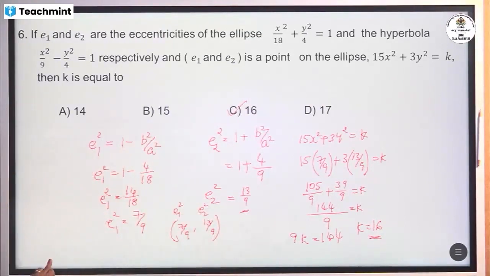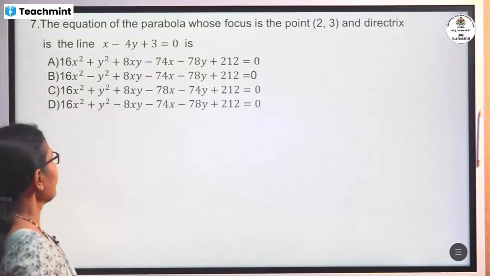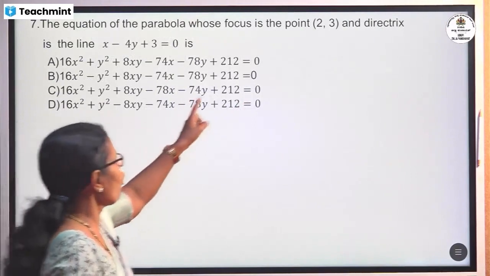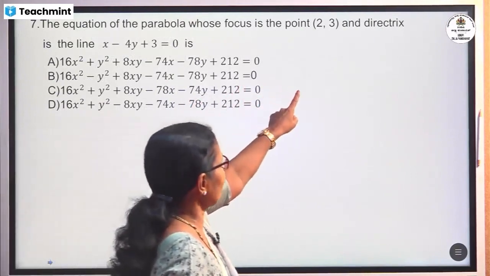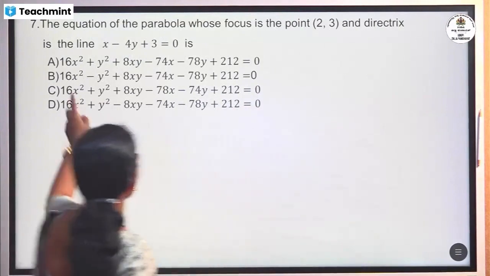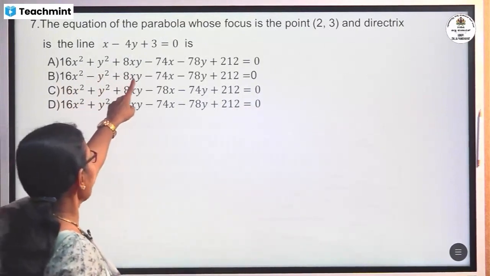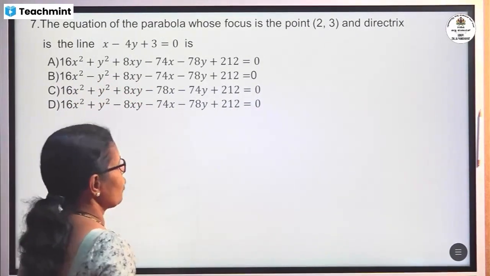We move to the next question. The equation of the parabola whose focus is the point 2, 3 and directrix is the line x minus 4y plus 3 equal to 0.